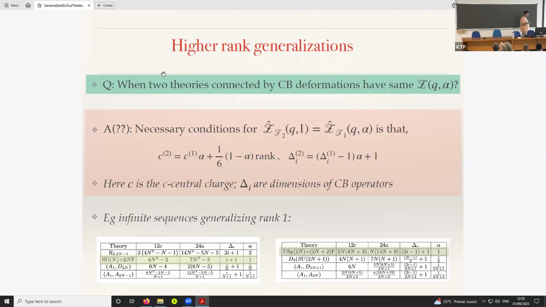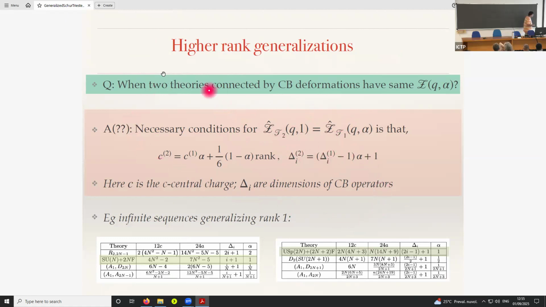So now you can ask, when does it work, okay? So this is an experimental result again. We looked at a variety of theories, and again asked when two theories which sit on the same Coulomb branch have generalized Schur partition functions related in this way.